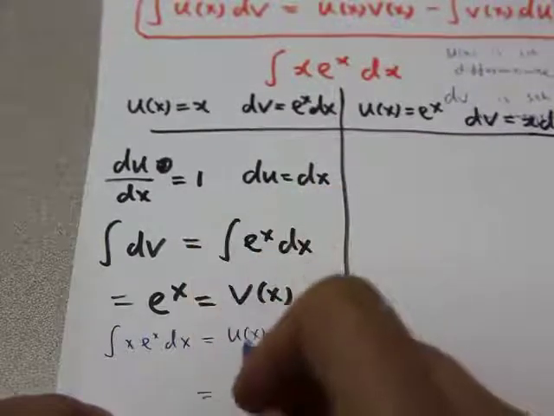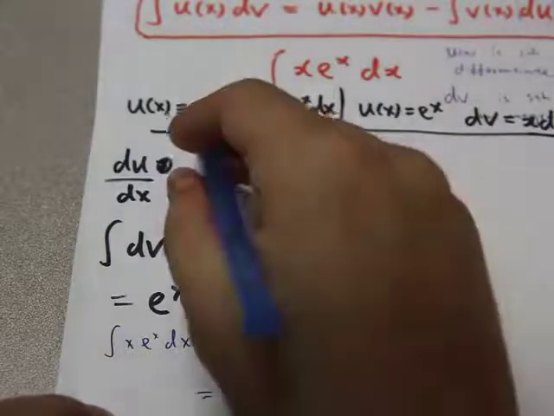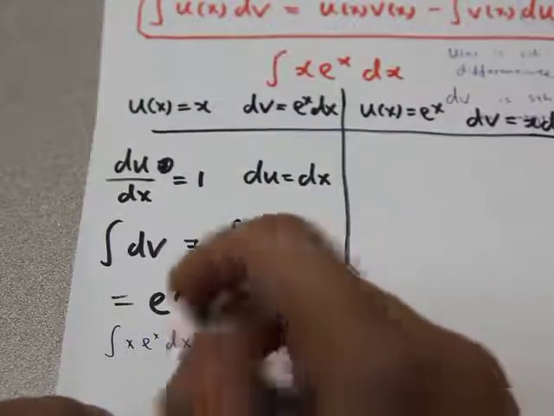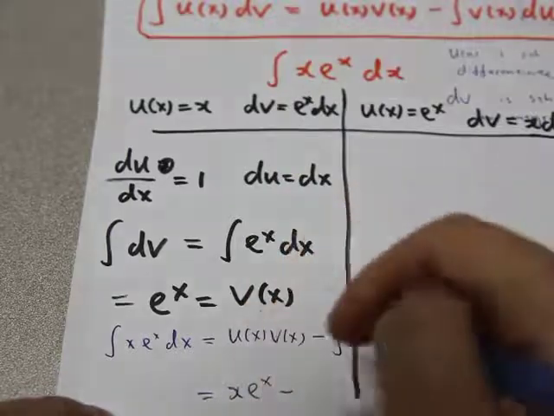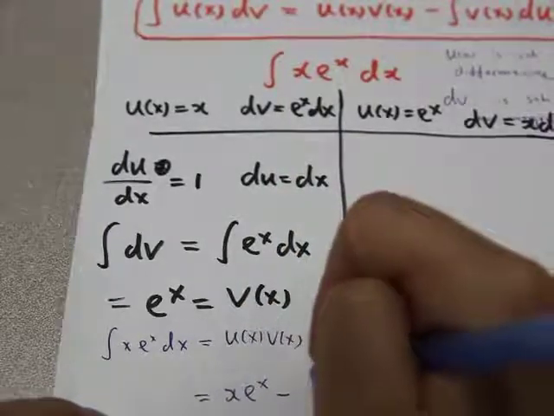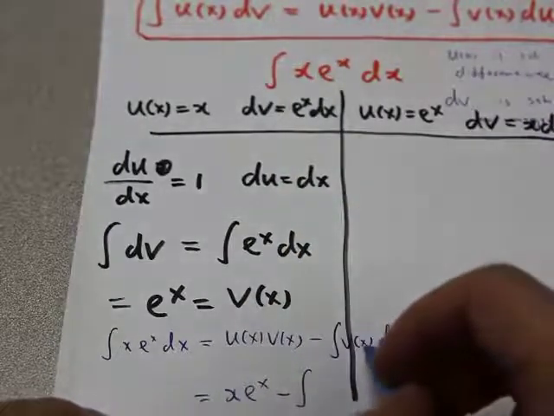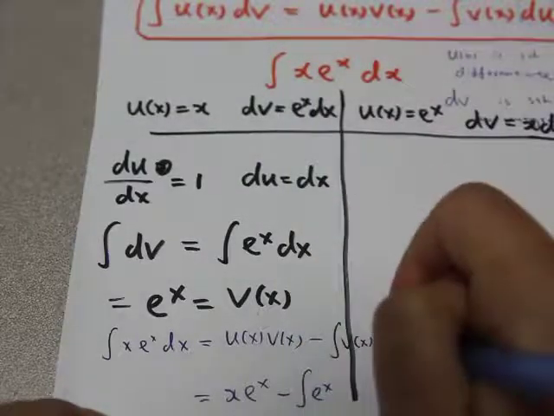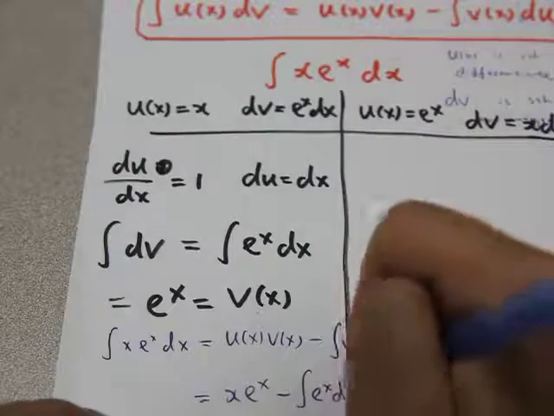Because we determined u(x) to be x, this is x, and over here we figured out v(x) equals e^x, and minus the integral, where v(x) is e^x and du is dx.